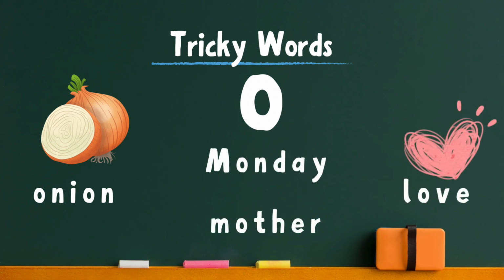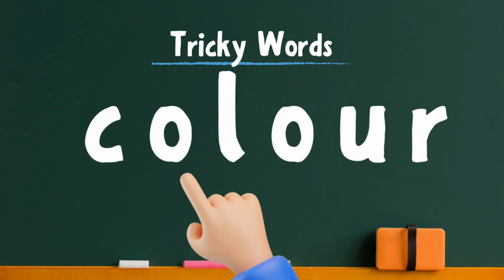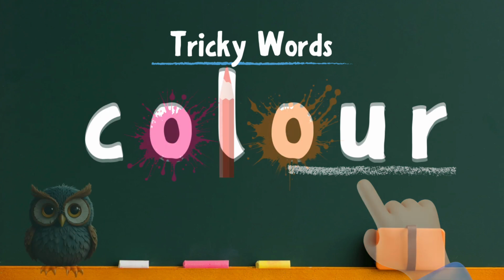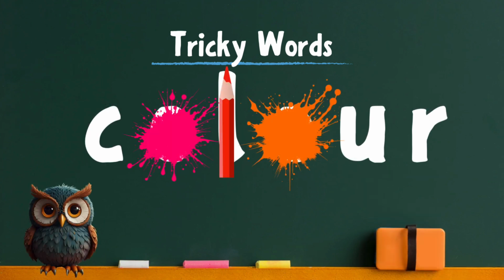So that first O is making the short U sound. In the second syllable, O-U-R together is making the er sound. When you put it together, we say color. Figure out any way to help you remember how to spell this word.